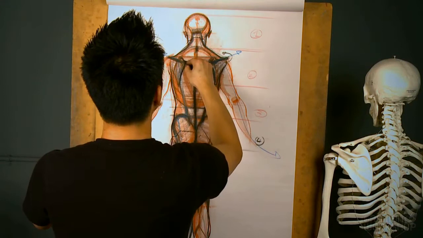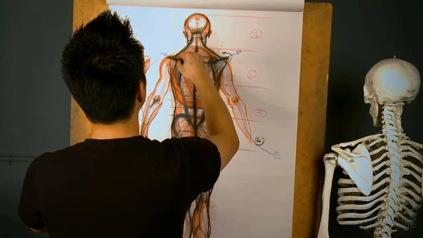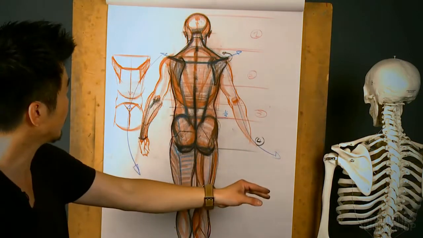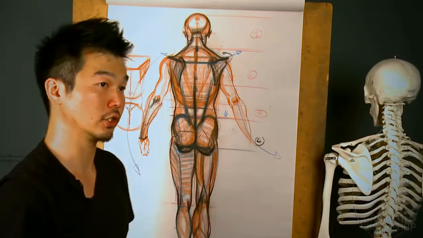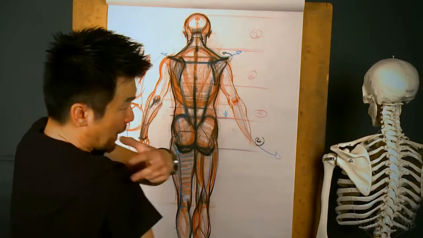Redraw that shoulder blade. Things very, very important. If you guys draw the back view or draw 3/4 view, if you see that shoulder blade, you have to draw it, okay? Because a lot of stuff happen on the shoulder blade.